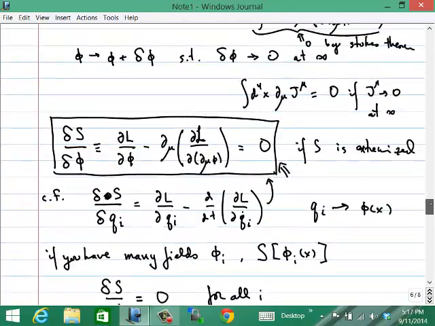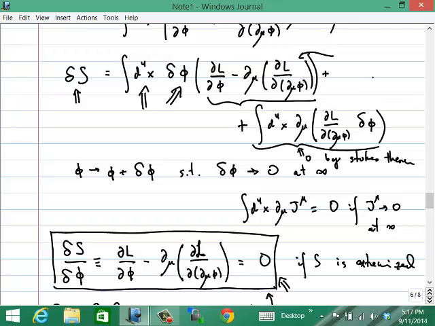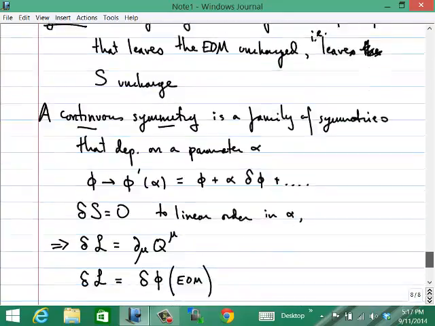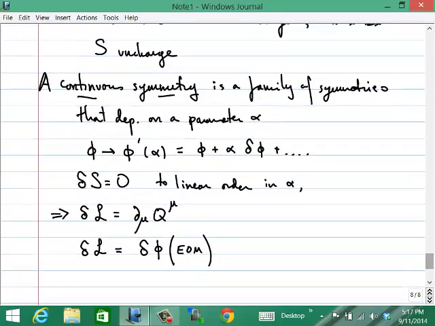So let's remind ourselves of what that term was. It was plus the total derivative of dL by d of d mu phi times delta phi.